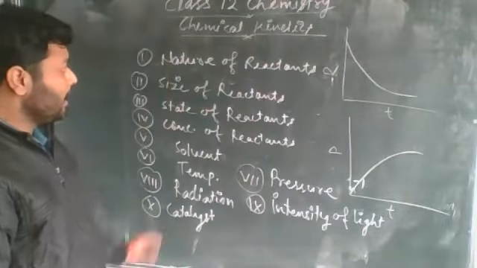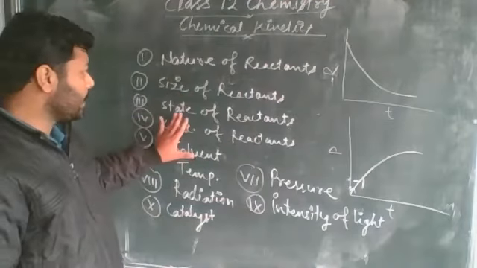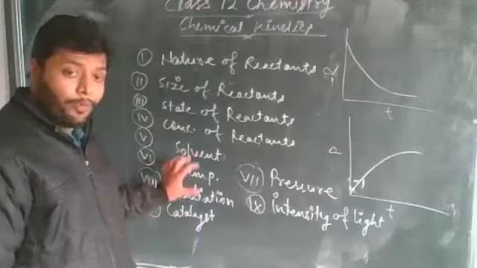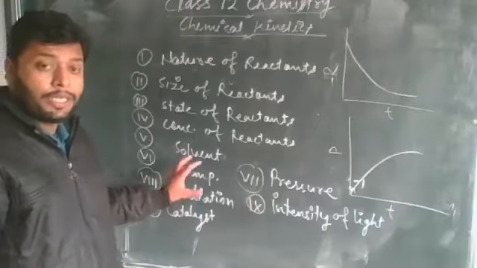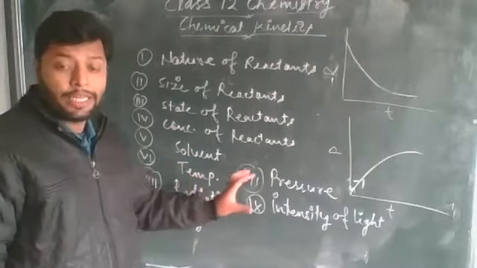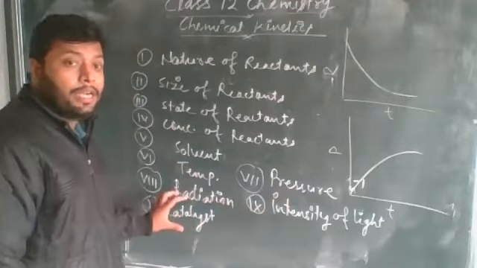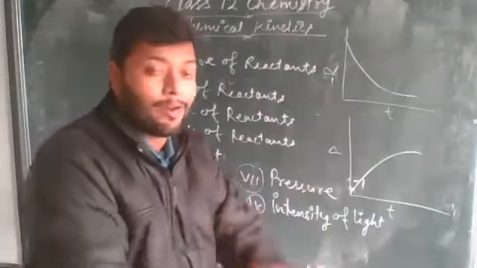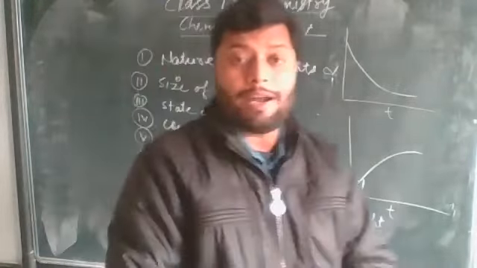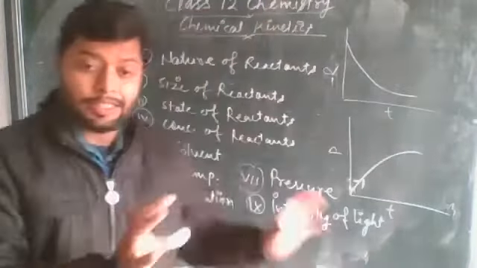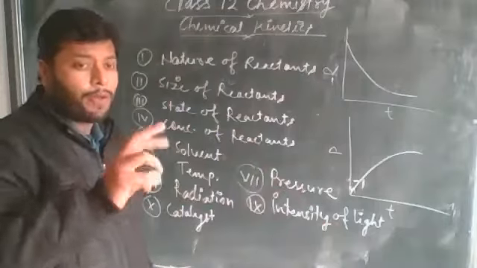Nature of reactants, size of reactants, state of reactants, concentration of reactants, solvent used or not used, temperature, pressure, radiation if we are using it, intensity of light and catalyst. These are the major factors that always decide the rate of reaction.